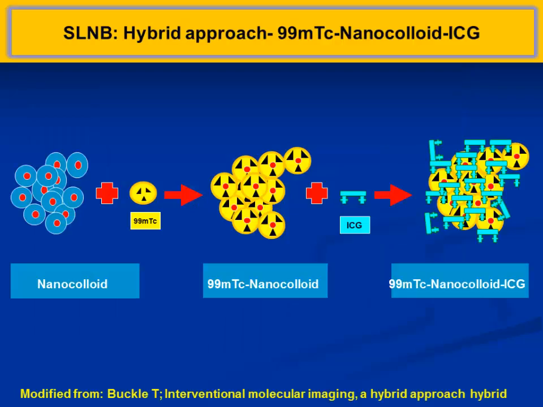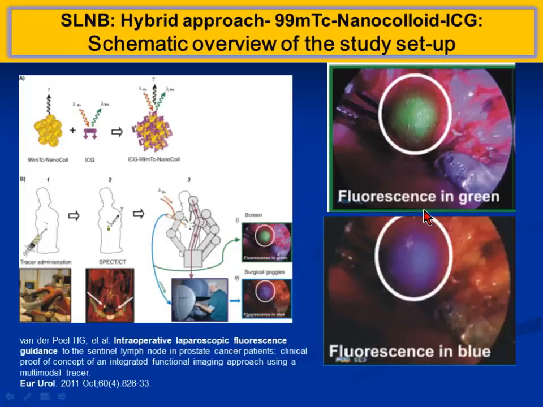And the nicer thing is what we do now: nanocolloid technetium, that's the standard tracer, but we add ICG, which is a fluorescent one. We inject that into the patient, and the beauty is, with nuclear medicine and a probe you can hear the noise of radioactivity, but with fluorescence the surgeon can see the nodes in the theater as green lights.